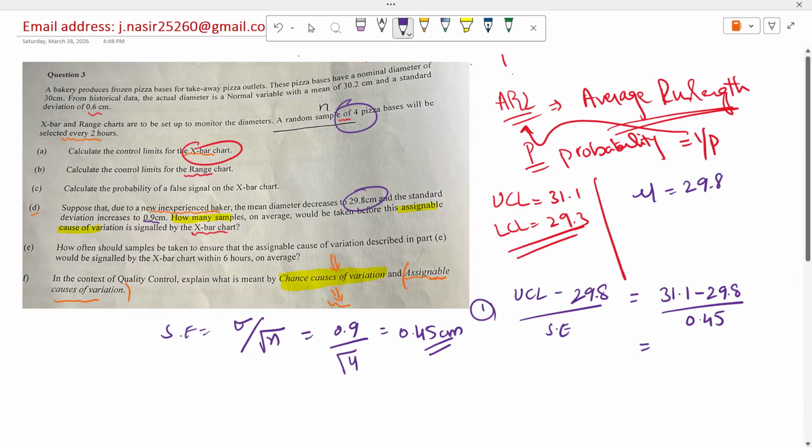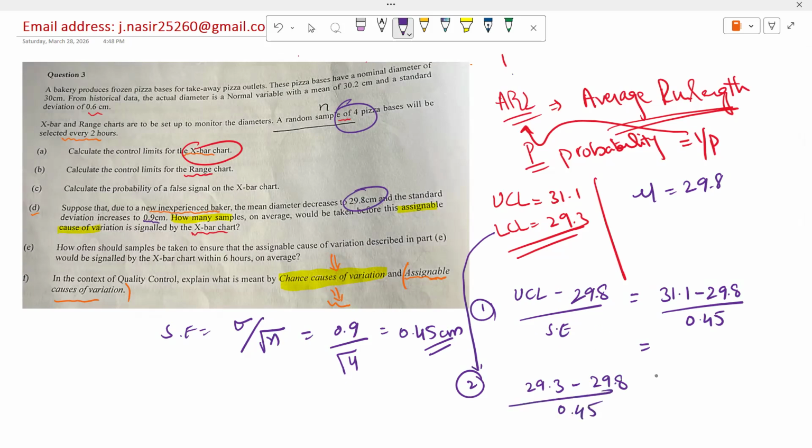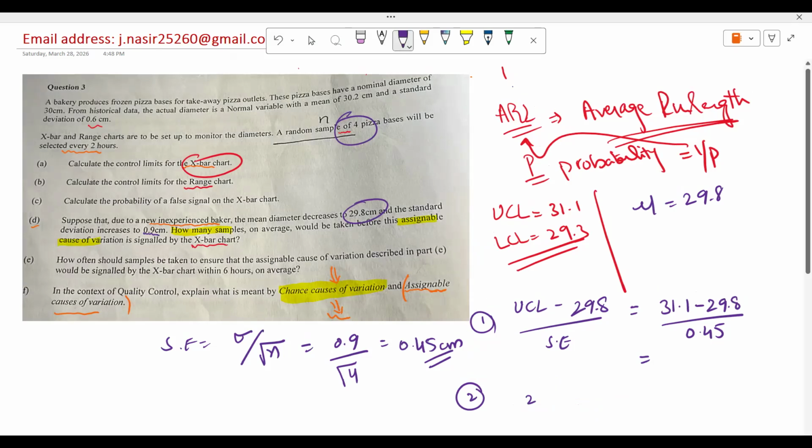And for the LCL, I'm finding the z-score: 29.3 minus 29.8, which is my mean, divided by the standard error, 0.45. And let's see what the z-score for the upper control limit is.